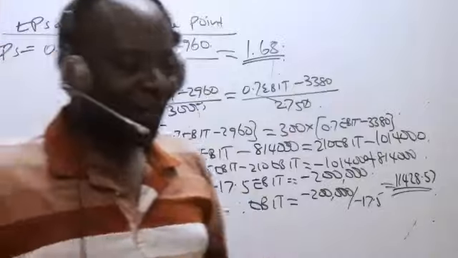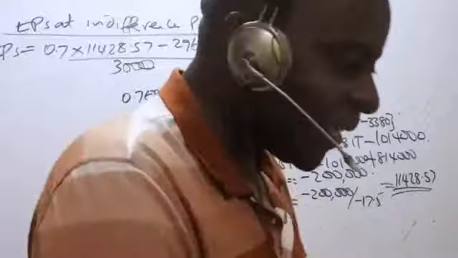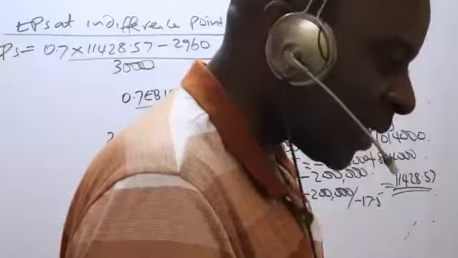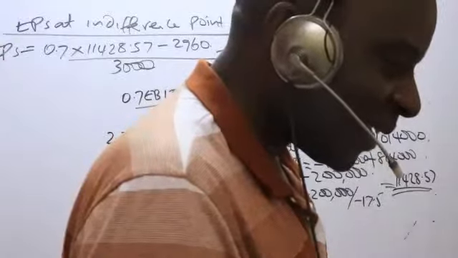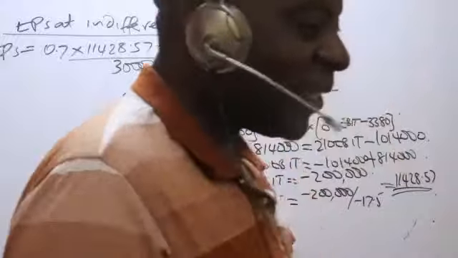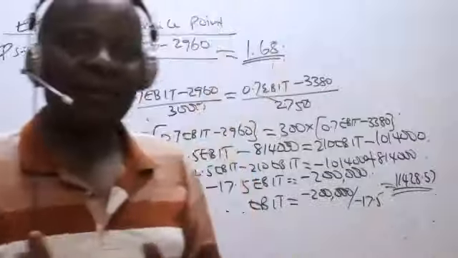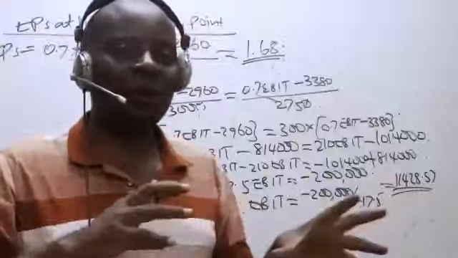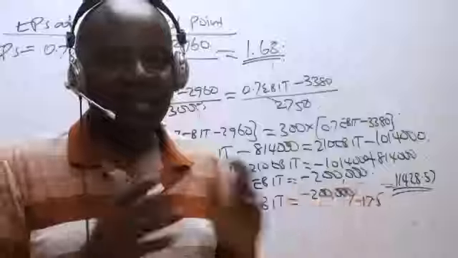I wish we had the luxury of time. There is no way you can add interest and the number of ordinary shares. It cannot work. Those are not like terms.